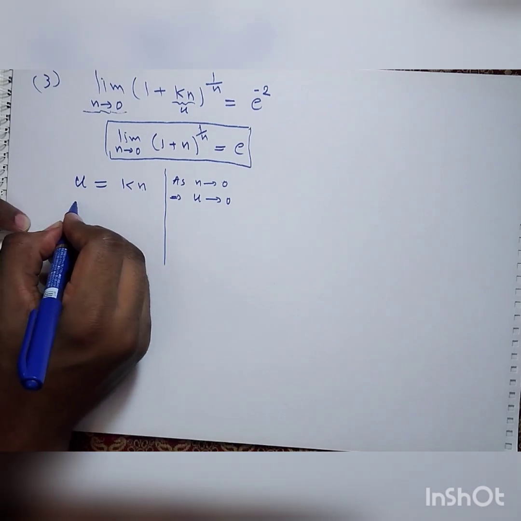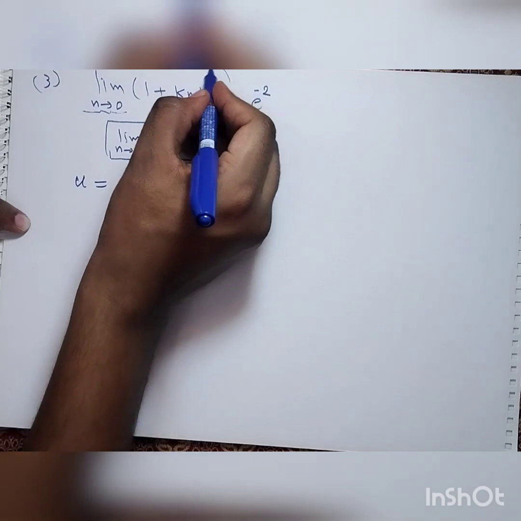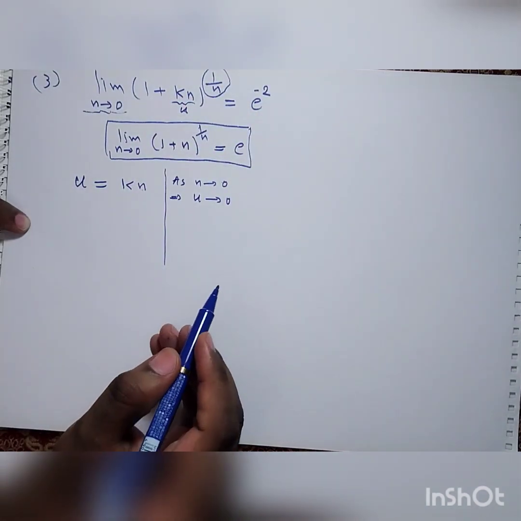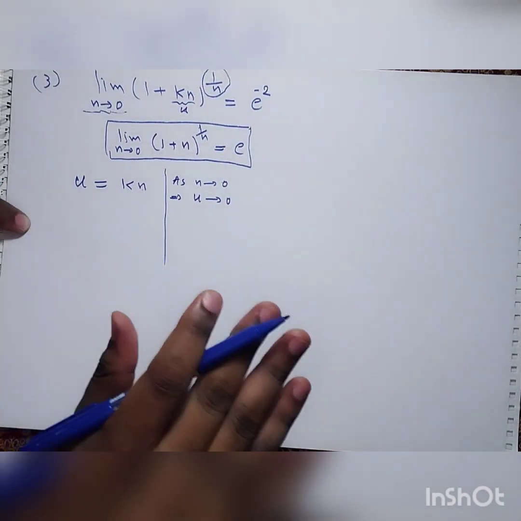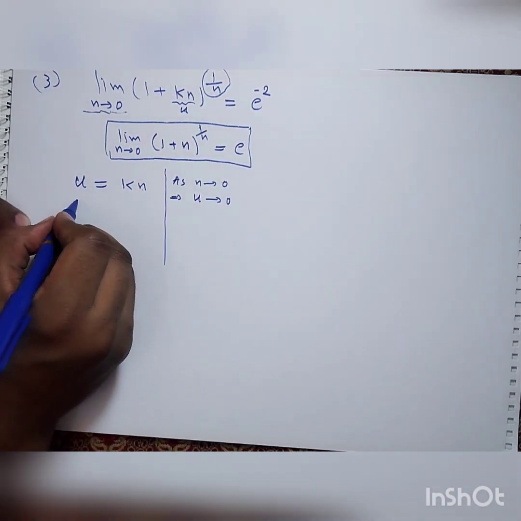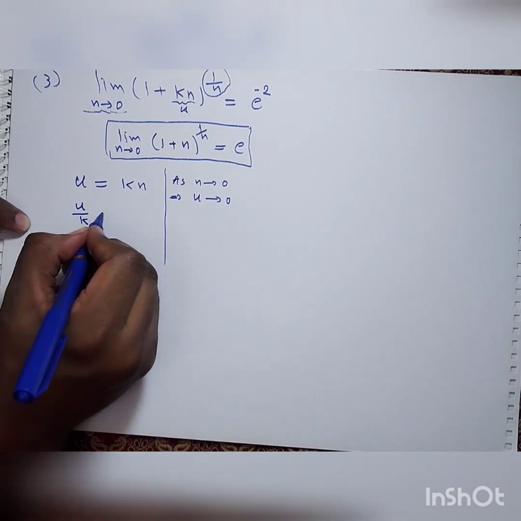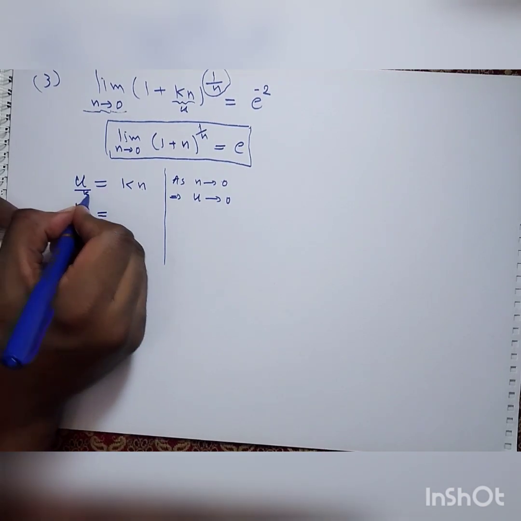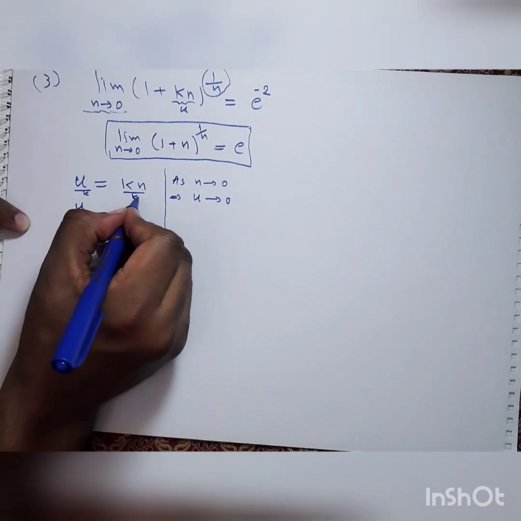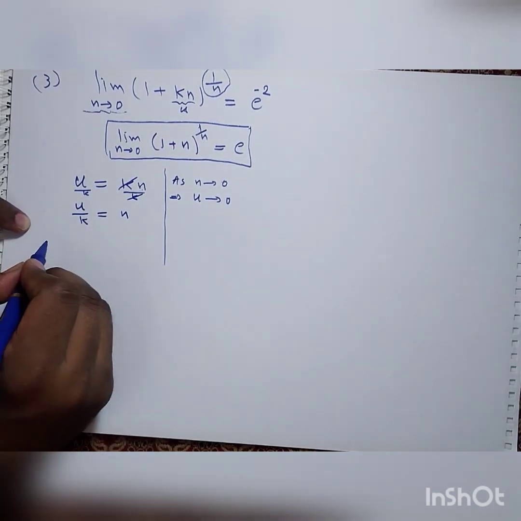And then we can write the following. Now that we change this to u, we also need to write the rest in terms of u. Changing the variable must be done everywhere in the limit. So we say u divided by k, dividing both sides by k, so those cancel out, and this is equal to n.